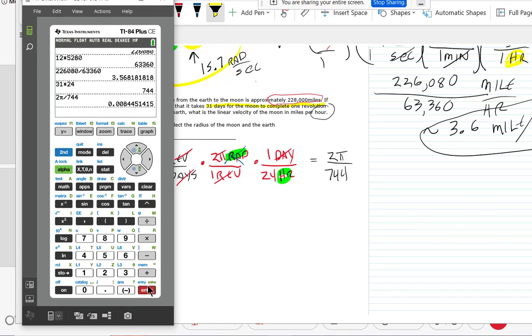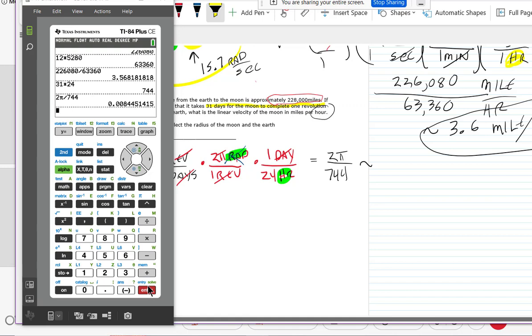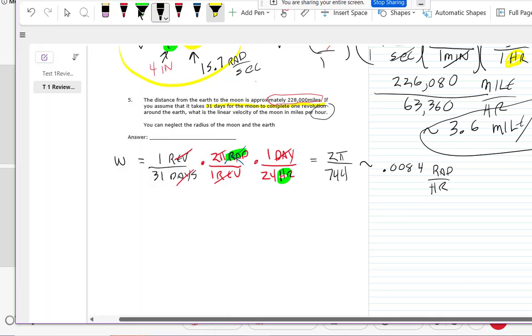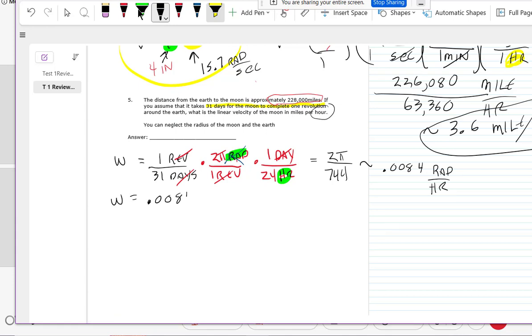That's going to give about 0.0084 radians per hour. You want to carry out the decimals a little way on that. So the angular velocity is 0.0084 radians per hour. Okay, so we got that. All right, now what it says is, find the linear velocity of the Moon.